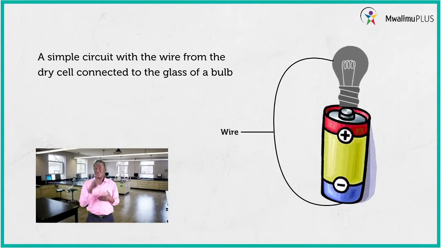Will it produce light? No. This bulb will not produce light because it is poorly connected. The wire from the negative terminal is supposed to be connected to the base of the bulb there. Let us look at the next one.